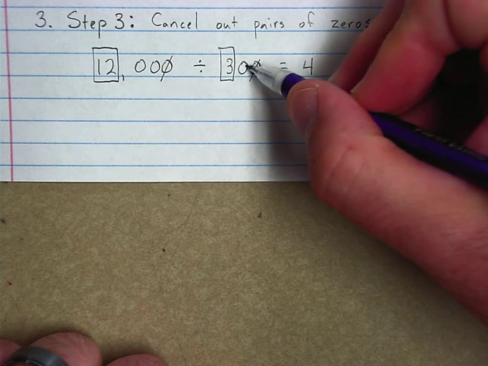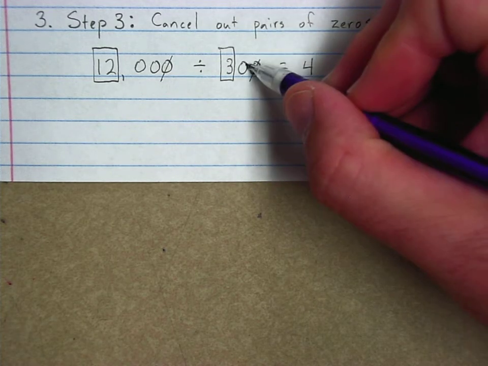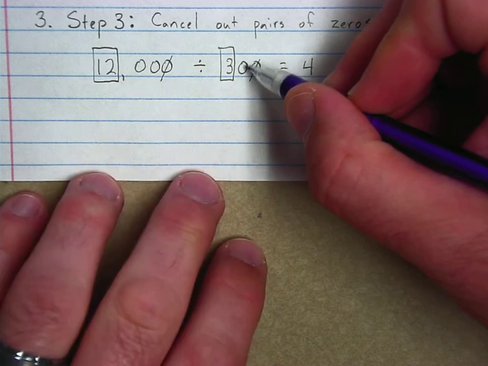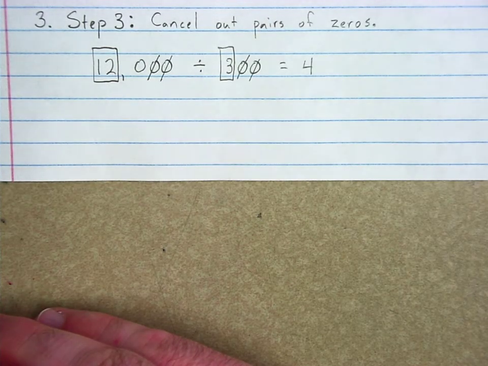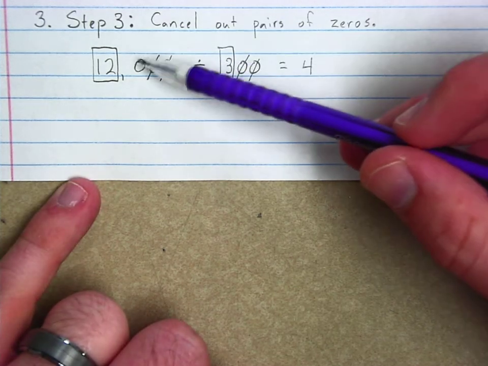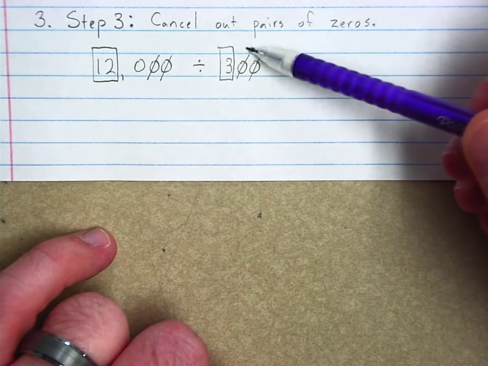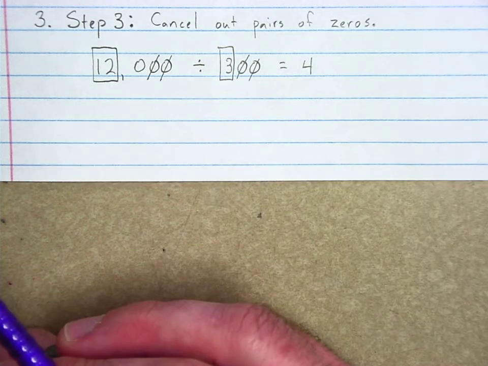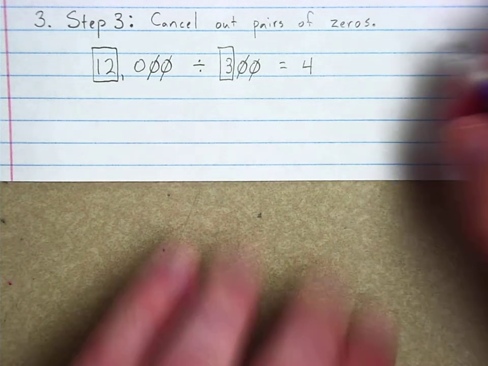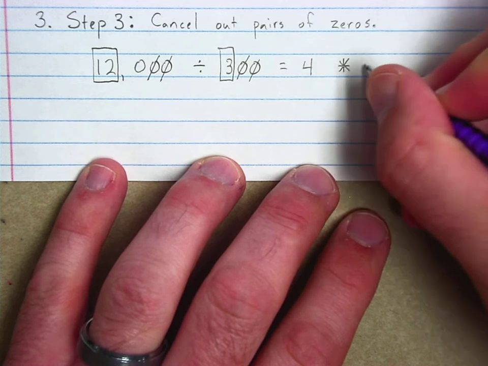Now I look in the tens column. More zeros. Okay. But can I make a pair in the hundreds? No. No more zeros. Okay. Go column by column.